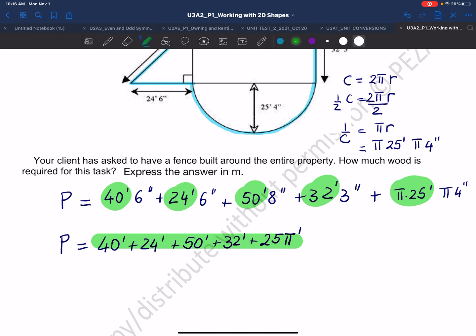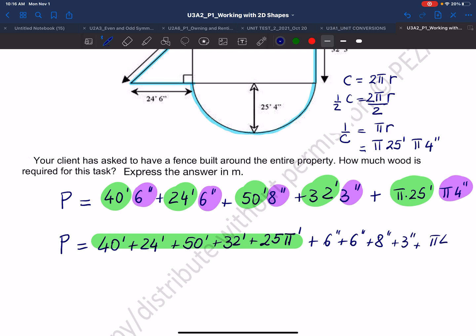And then add the inches, which are 6, another 6, another 8, 3, and then pi times 4. So plus 6 plus 6 plus 8 plus 3 plus pi times 4 inches.